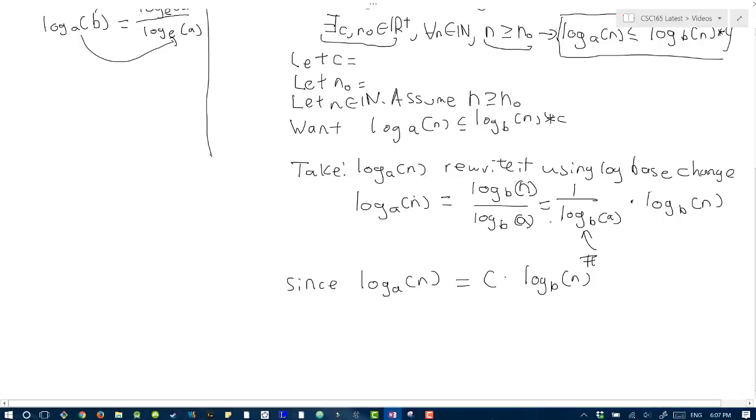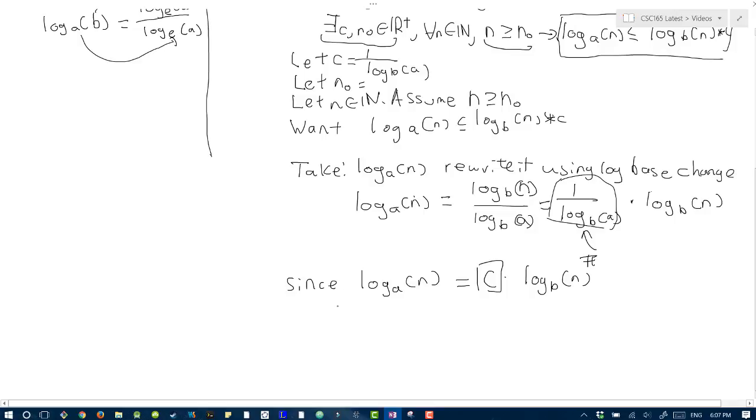Right, so we see that log A of n is this constant multiplied by this. So what we want to do then is pick C as that. So up here we write C equals log B of A.